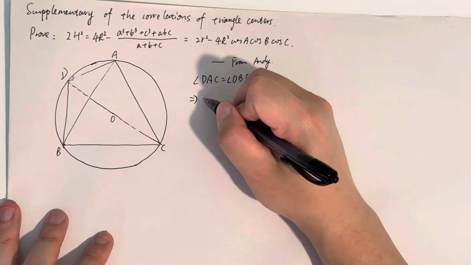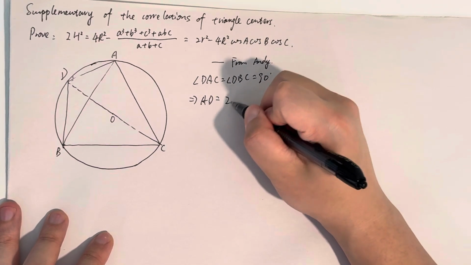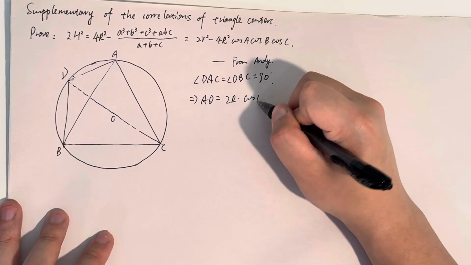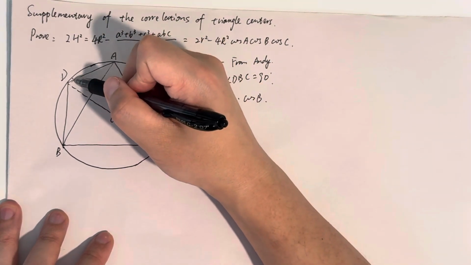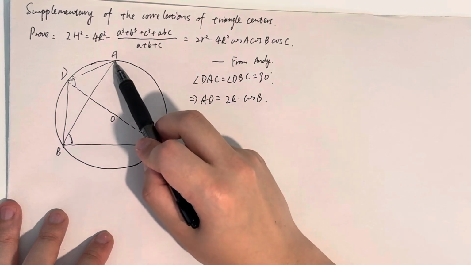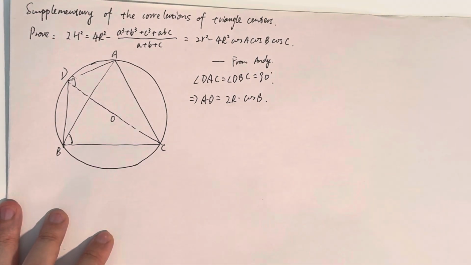Which means AD equals 2r times cosine B, right? Because this angle equals B. 2r times the cosine of angle ADC. That's the length of AD.